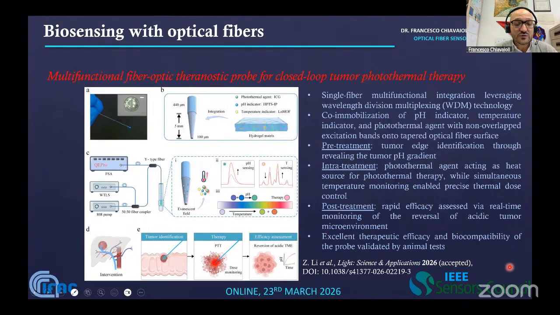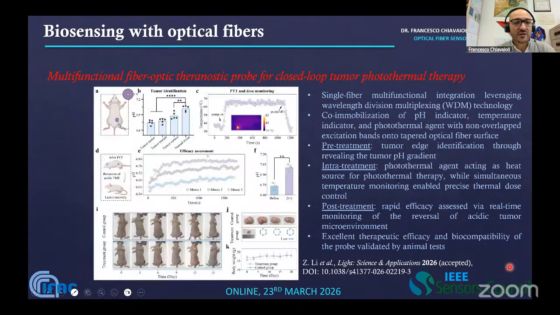This probe also showed very high biocompatibility and very low cytotoxicity, which makes the translation in clinical settings quite easy. Here are examples of the response we get, so you can see that we can really localize the specific region of the tumor from center to margin to surface and also to healthy tissue.